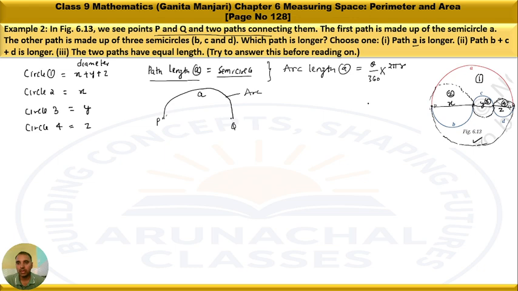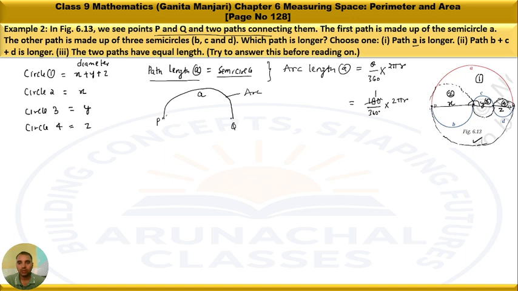What is the angle subtended by it? The angle subtended by it is 180 degrees here. So 180 divided by 360 multiplied with 2 pi r.